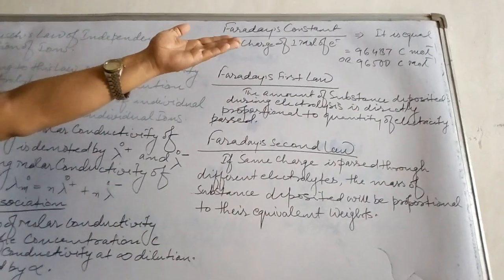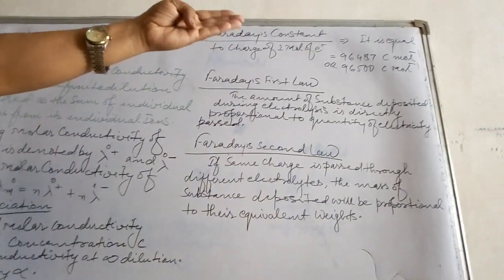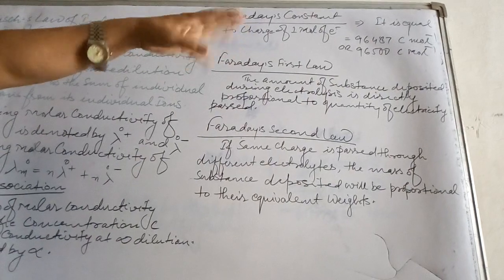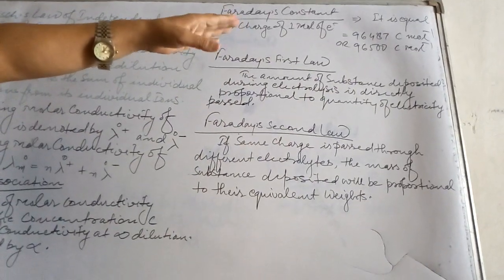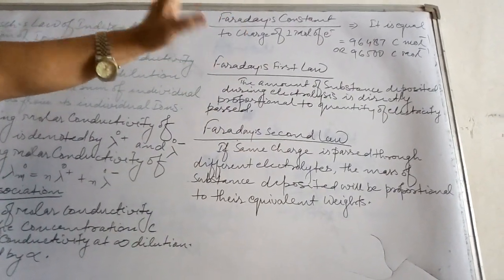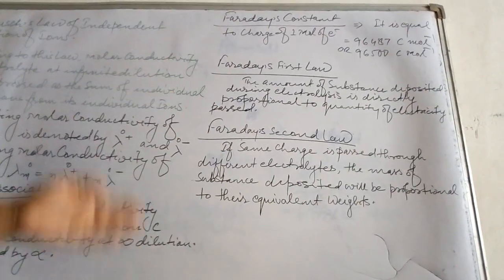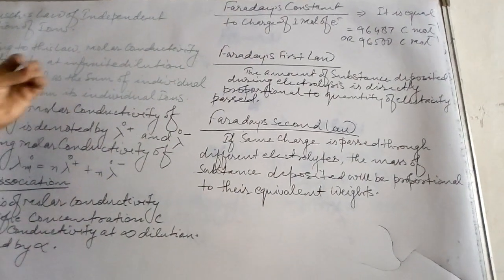Ultimately, the product will be 96487 coulomb per mole, and by rounding up, overall calculations are to be done with 96500.